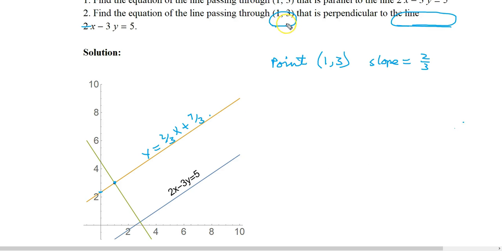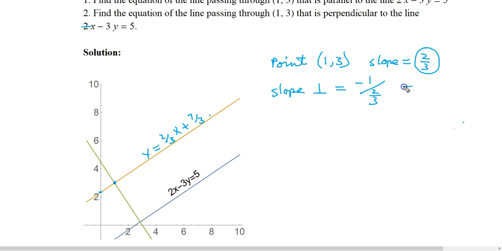Now to find the equation of the perpendicular line, well, let's notice that the slope of the line that we're given, we already found to be 2/3. So therefore the slope of the line that we want is going to be the negative reciprocal of this, so negative 1 over 2/3.